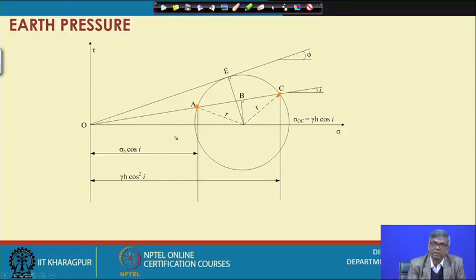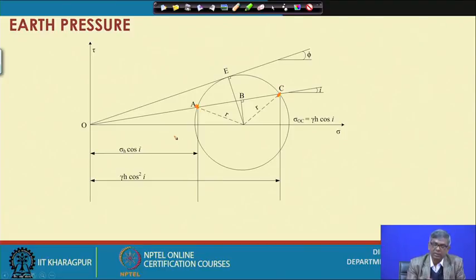And now taking this geometrically and considering this, we can establish the earth pressure coefficient at active condition or passive condition when there is a sloping surface. That means by drawing with the help of Mohr circle, we have already established the expression for coefficient of earth pressure for active case and for passive case.